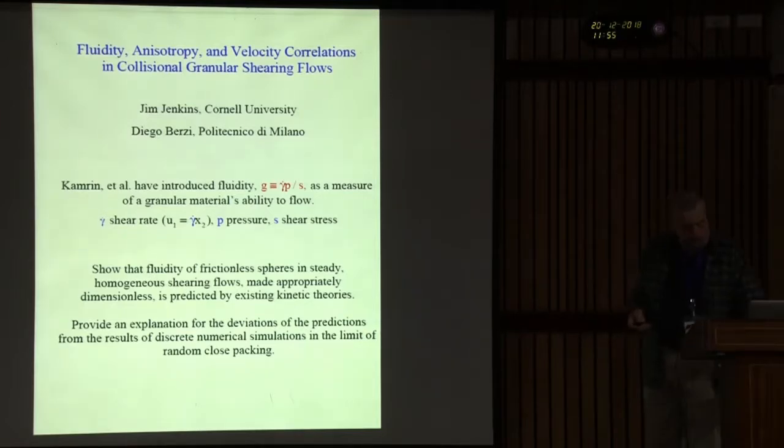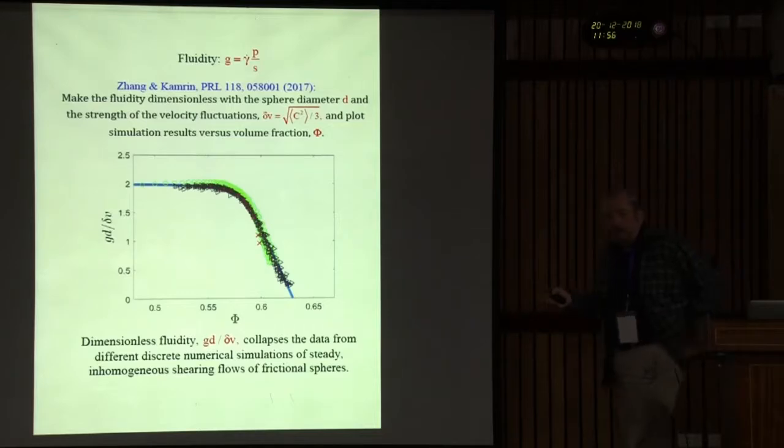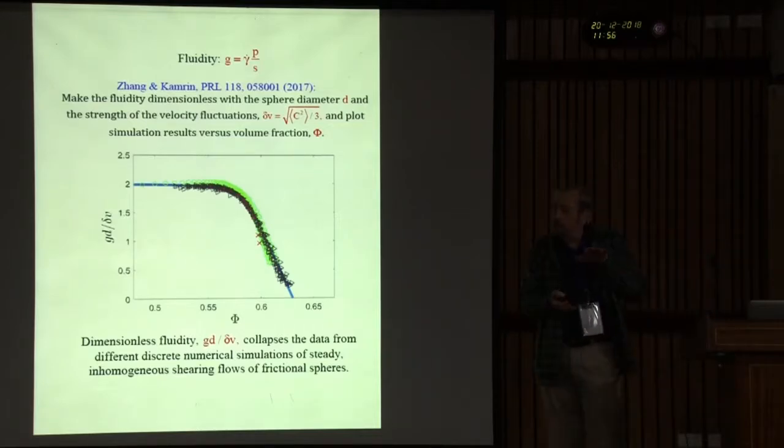Okay, so here is a numerical simulation that he carried out along with a graduate student at MIT, and what he did was make the fluidity dimensionless with a measure of the strength of the velocity fluctuations of the grains. And he's looking at a system in homogeneous steady shearing, simple shearing.